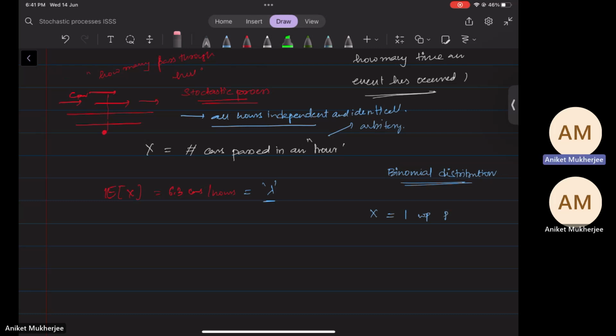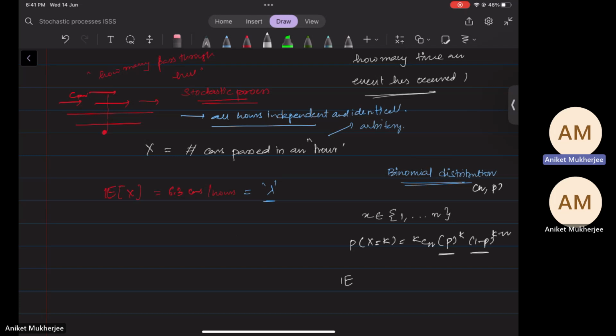The binomial distribution has parameters n and p, and the probability that X equals k is n choose k, p to the power k, times 1 minus p to the power n minus k. So it is basically you have k successes and n minus k failures. So this is the binomial distribution that you put.